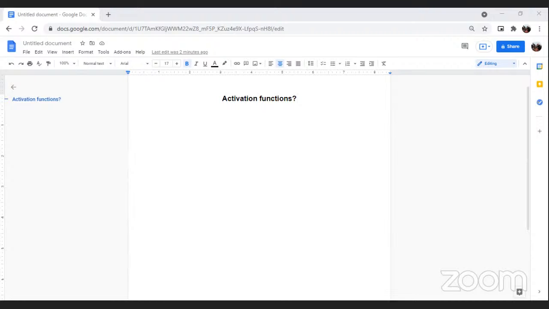All right. An activation function is added to the artificial neural network. It actually helps the network to learn the complex patterns in the data.